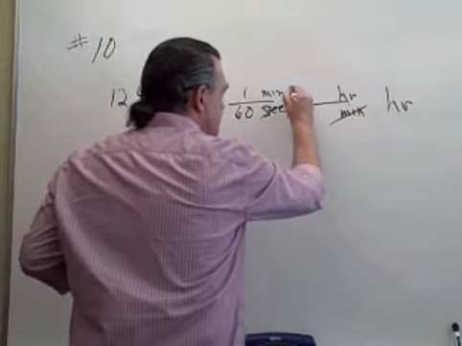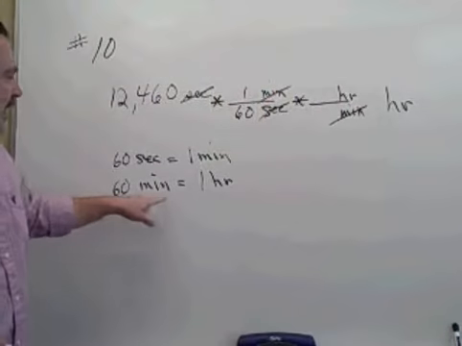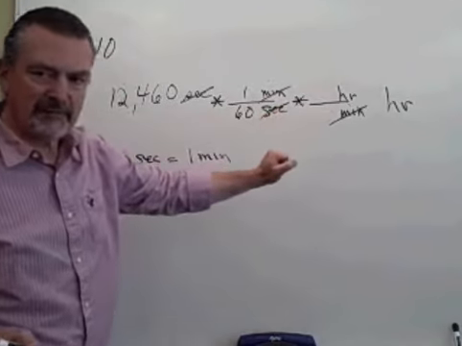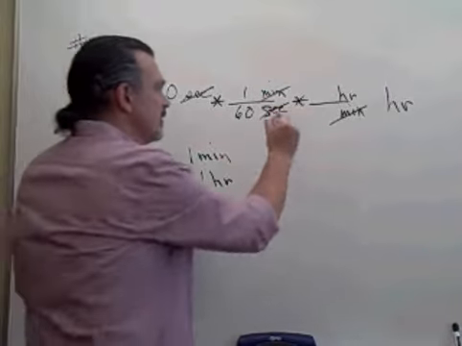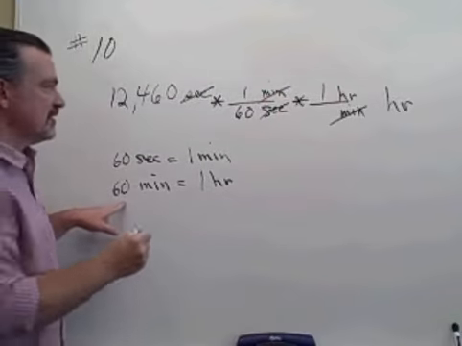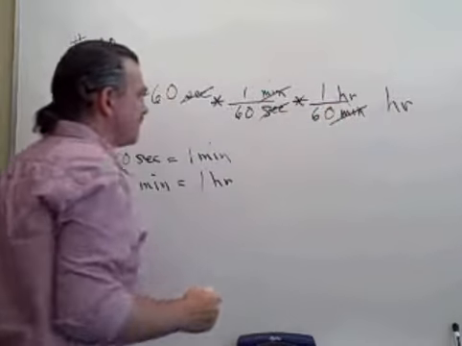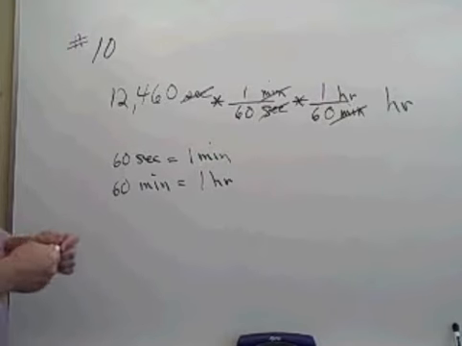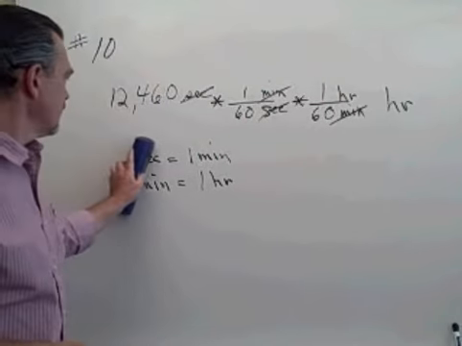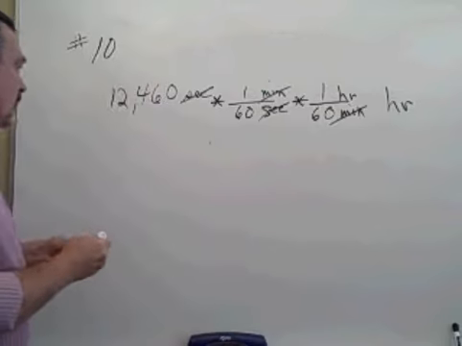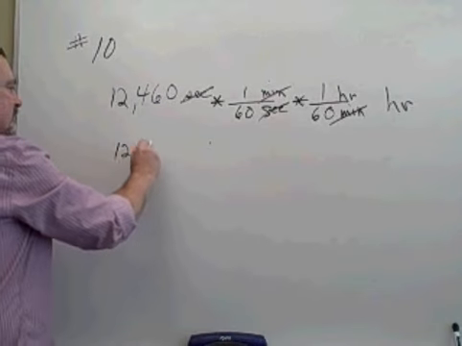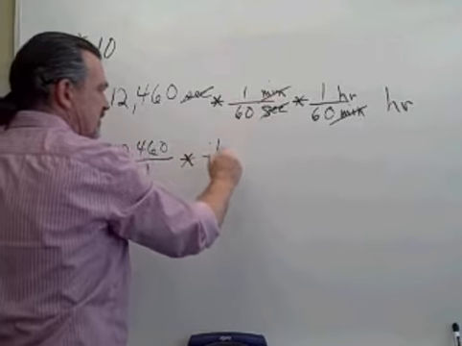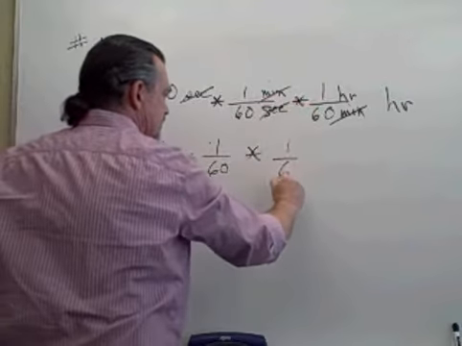So the minutes will cancel, and again, using this equivalence, I know where to put the numbers based upon where I've put the dimensions. 1 goes with hour, 60 goes with minutes. And so the arithmetic that I need to perform is 12,460 over 1 times 1 over 60 times 1 over 60.